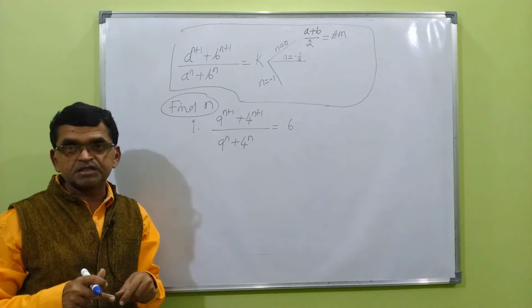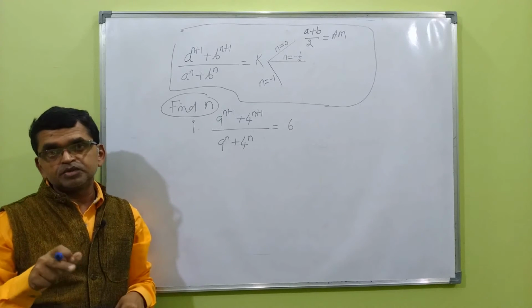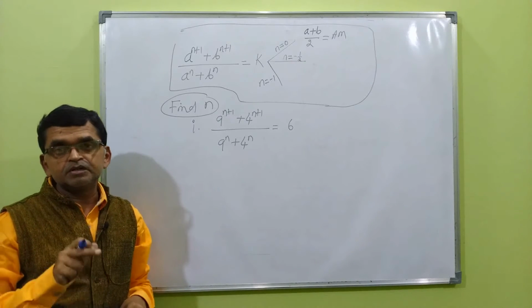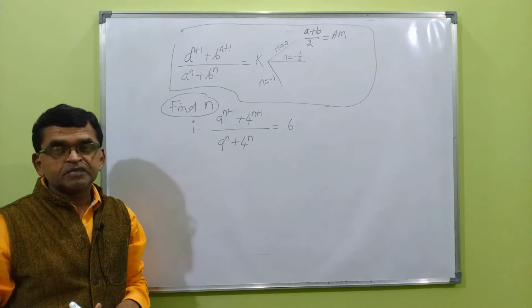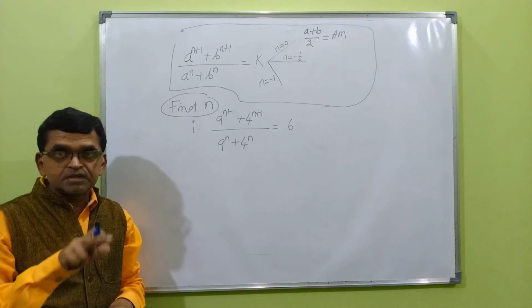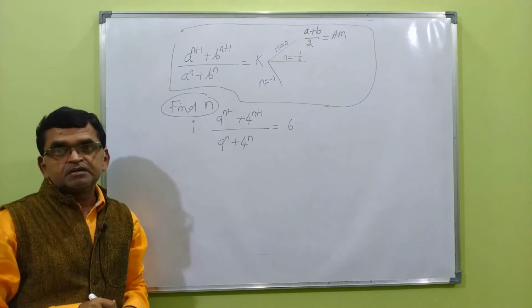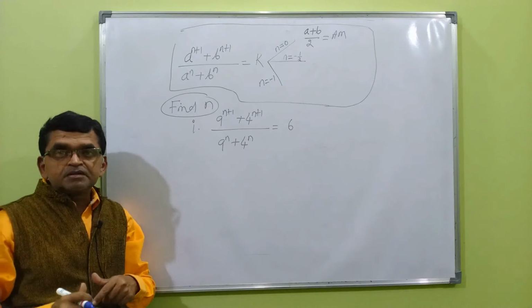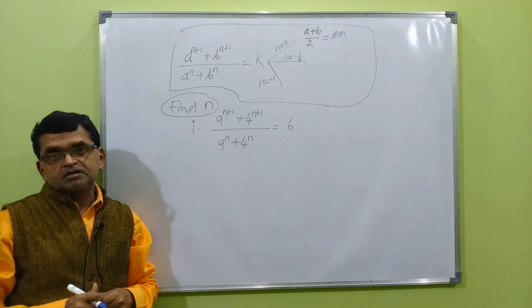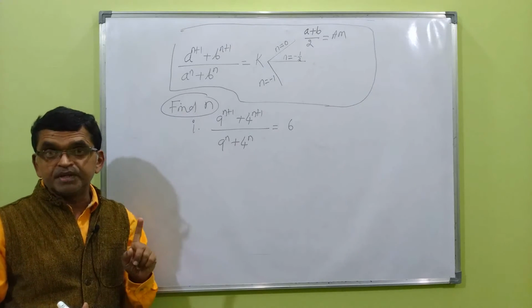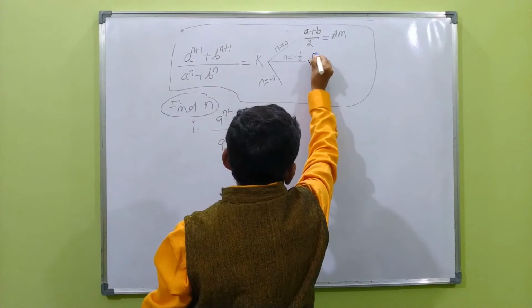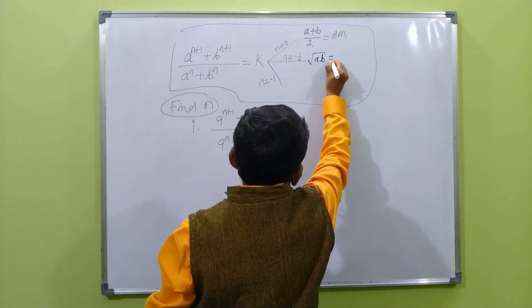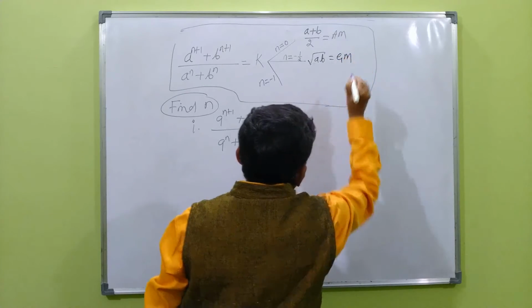If you take the LCM, in the denominator root ab, numerator will be root a plus root b, that cancels with the numerator. Then the denominator comes to the numerator, that is root ab. So this will become root ab. So this is nothing but geometric mean.